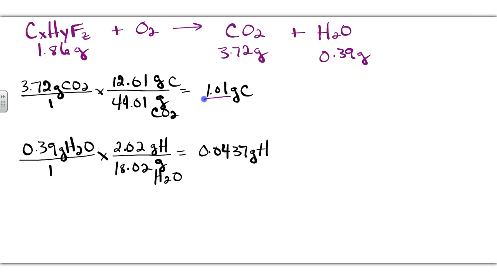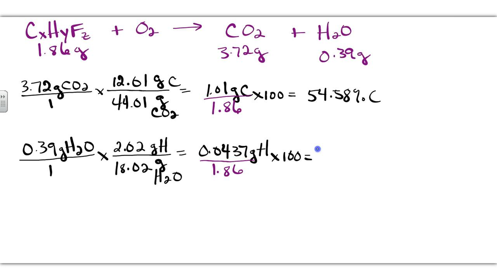Now we're going to determine the percentage in this compound by dividing both of these by 1.86, and then times 100 to make it a percentage. So we have 54.58% of carbon and 2.35% of hydrogen.